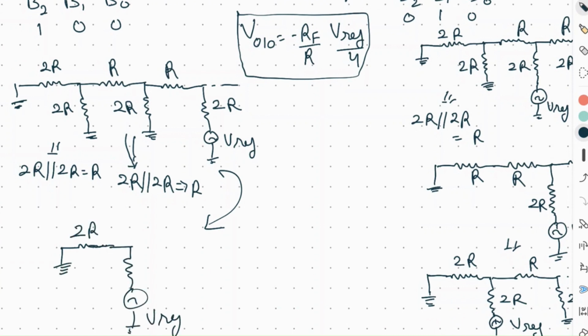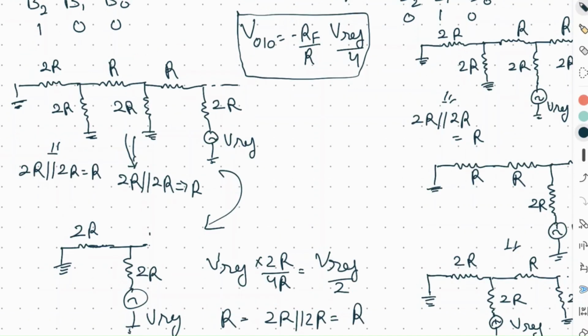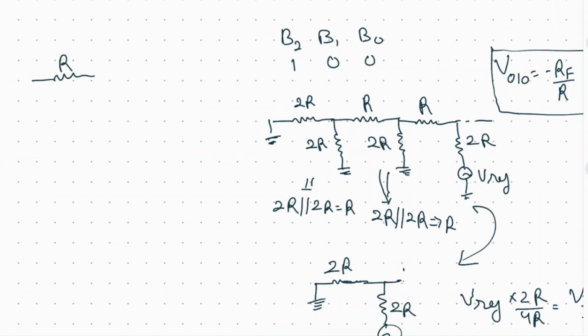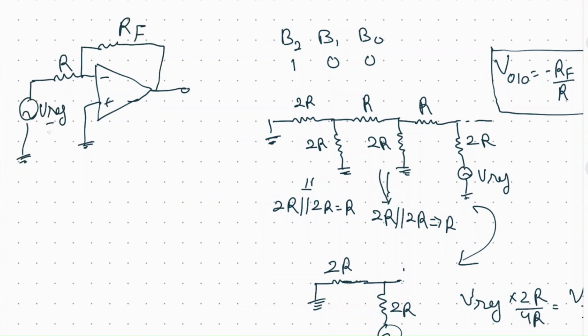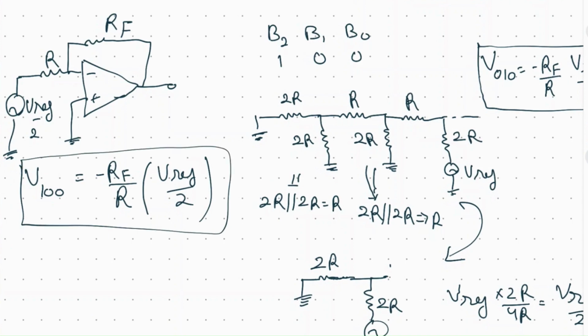If we calculate the equivalent circuit, the voltage will be V reference by 2, and RTH, the Thevenin resistance, will again come out to be 2R in parallel with 2R, which is R. So with the op amp, the equivalent resistance will again be R and feedback resistance RF, but the voltage is V reference by 2. So the voltage when the code is 100 is minus RF by R, times V reference by 2.